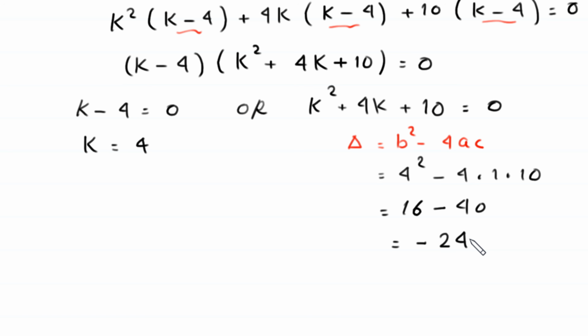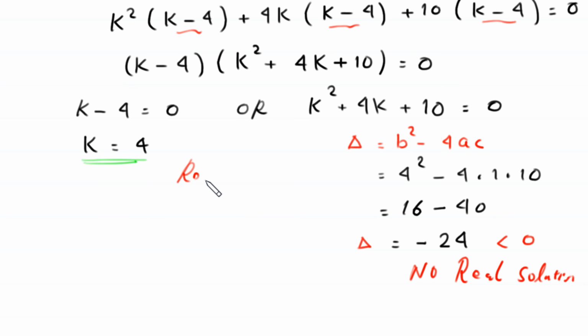It means that the discriminant delta is less than 0, which means that no real solutions can be found from this equation. So we accept only this value of k equal to 4.